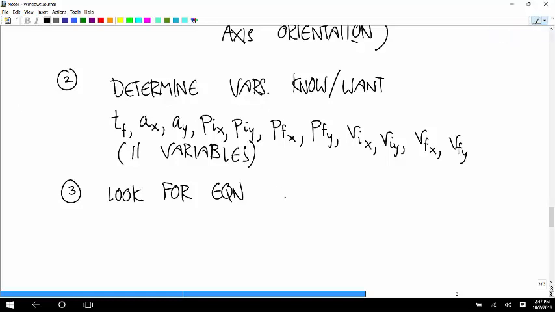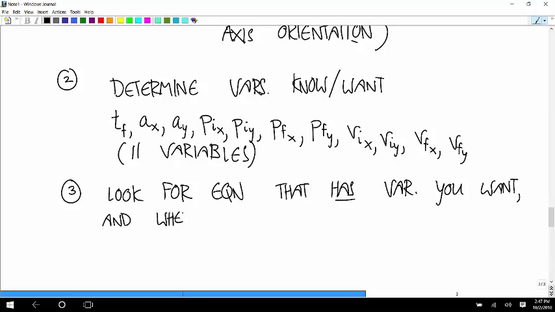So look for an equation that has the variable you want and where all the other variables are known. If you can find that equation, you can use that to solve for the variable you want, and you're done.